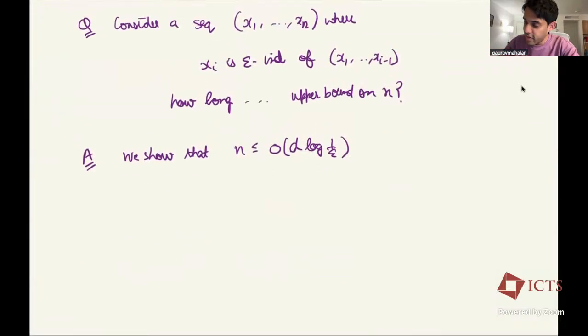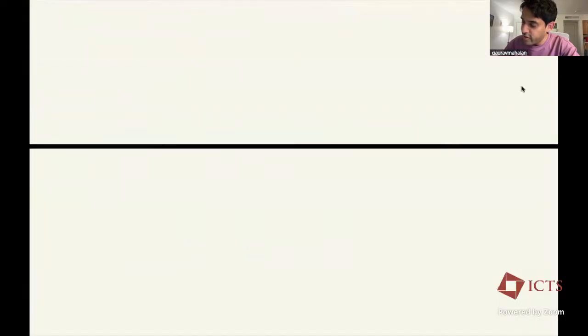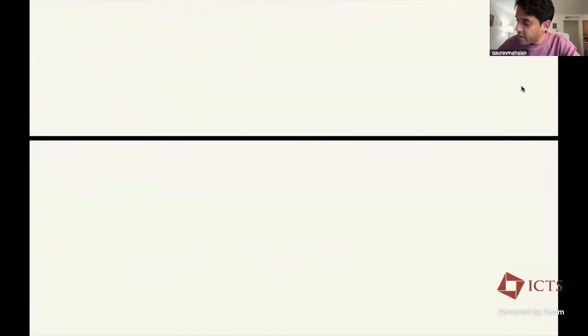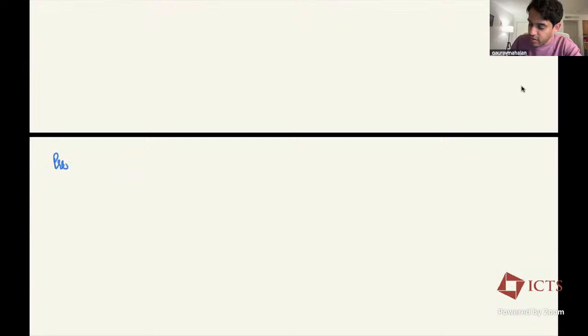Okay, so I'm just going to quickly do the proof. This proof should be similar to the proof of the ellipsoid method and other things, so it might be known to a lot of people. The way this argument works is that you think of these vectors as holding on to some space.